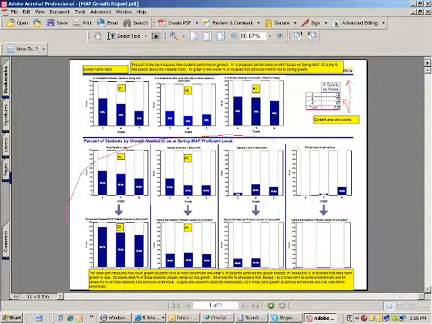The lower portion of the report shows me how much growth is needed and the proportion of students that achieved it. In the first graph, on the lower part, you are shown the proportion of students who need to achieve their norm growth or less to make benchmark from fall to spring.